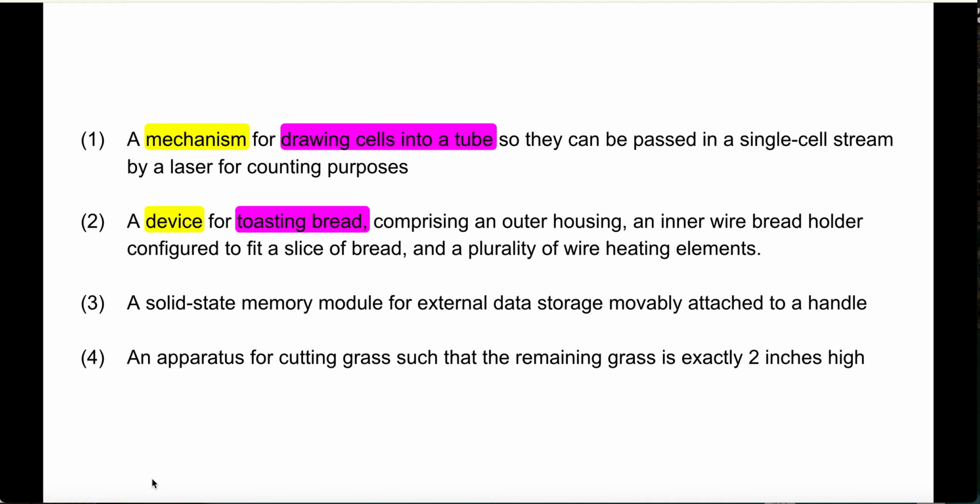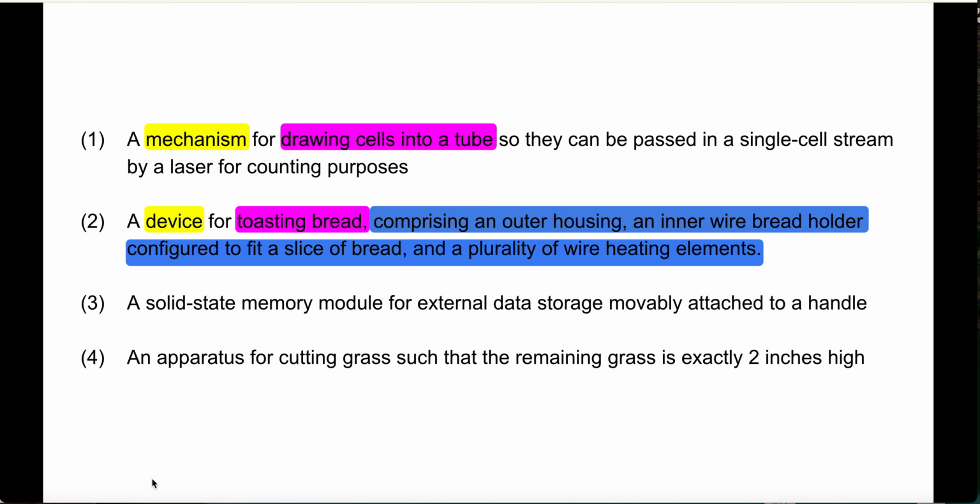However, the rest of the claim is modified by a series of structural elements that tell us how the device is put together. And those mean that this claim likely does not invoke 112F because it recites sufficient structural language to tell us how this device is put together.